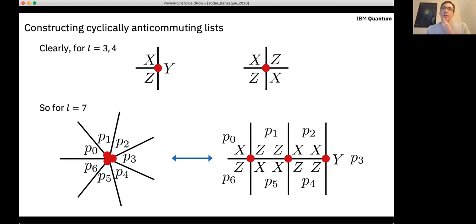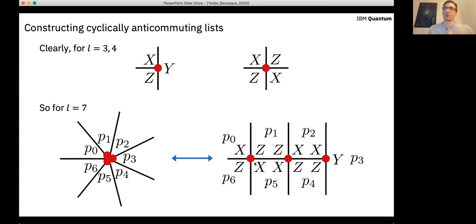Right, so you might wonder, how do you construct CALs in general? I'm sort of claiming they exist, but here's the construction. For degree 3 and 4, clearly we have X, Y, Z and X, Z, X, Z. For larger degrees, you can actually compose these degree 3 and 4 CALs together. So here's degree 7. There are 3 qubits here.